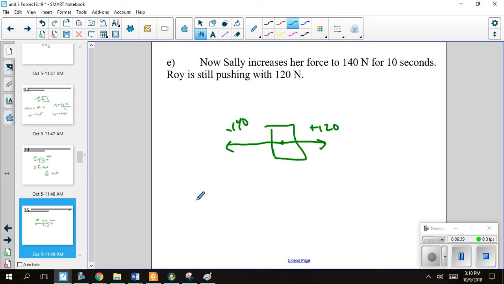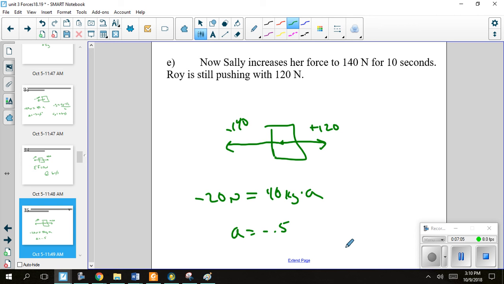So now we have a net force of negative 20 newtons, which equals our mass, 40 kilograms, times our acceleration. So our acceleration is negative 0.5. Every second in this situation, our velocity is going to decrease by 0.5 meters per second.